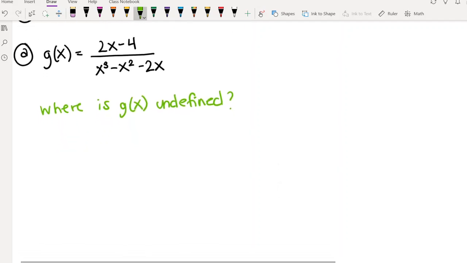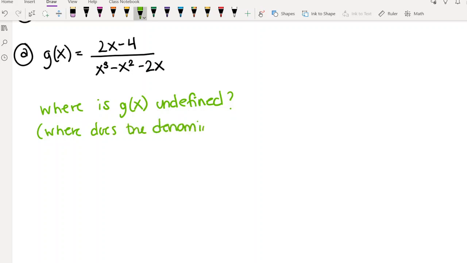So how do we do that? Well, we just look at where the denominator is equal to 0. We don't even have to worry about the numerator. Let's take the denominator, set it equal to 0, and figure out which x values make it 0.